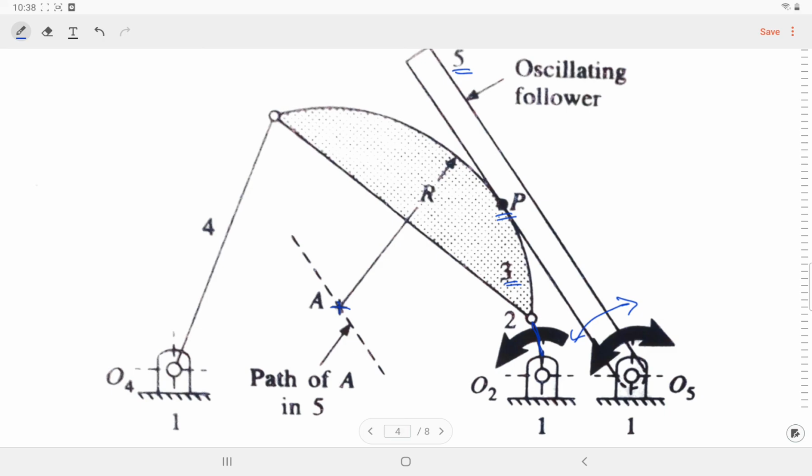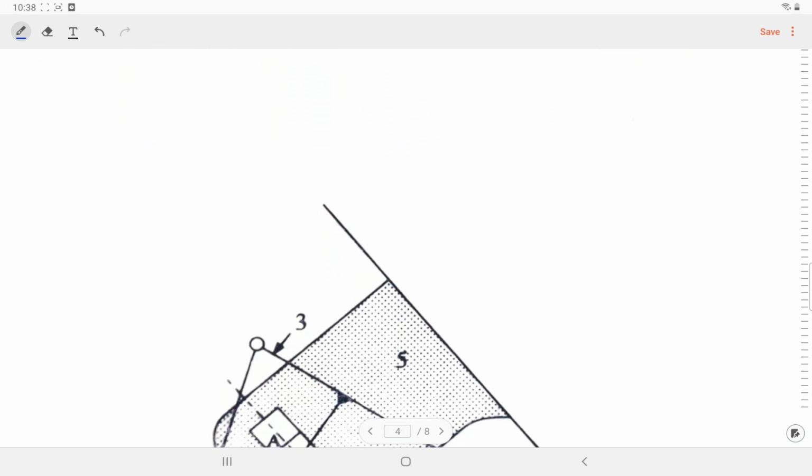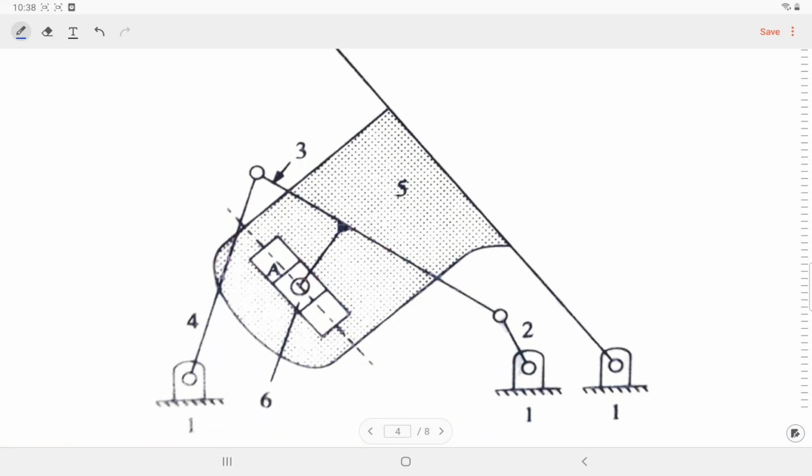And if we do that, what we will obtain is this as a result. So that's our solution.